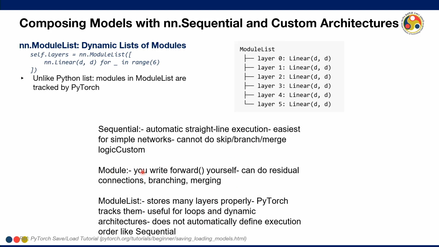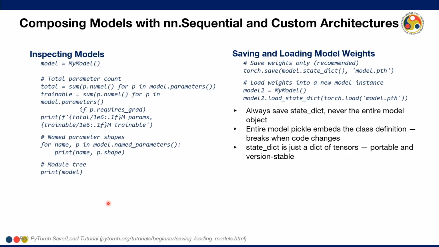In Module we write forward because we need these residual connections, branching, merging, all of which we can use in Module. Sequential was an automatic straight-line way of execution, and it is easiest for simpler networks, but it cannot do skipping, branching or merging.